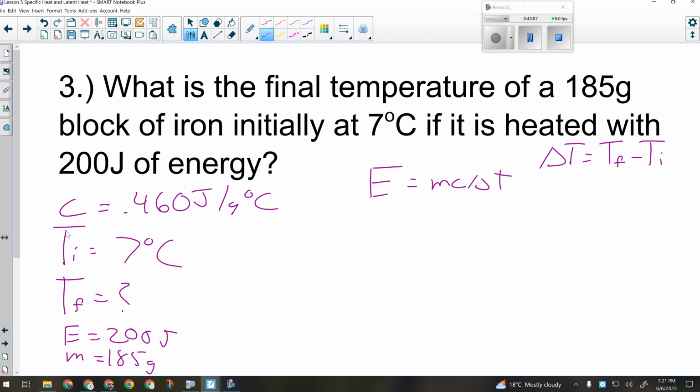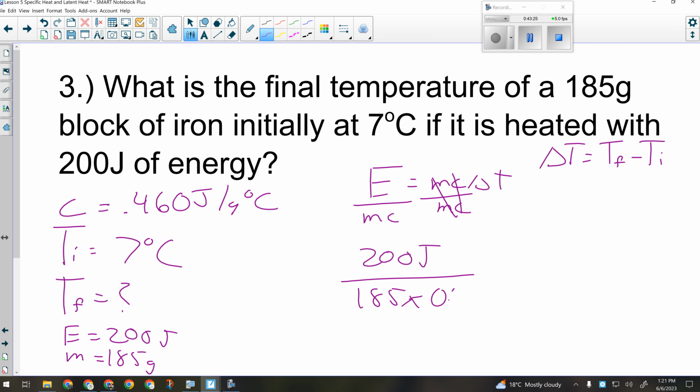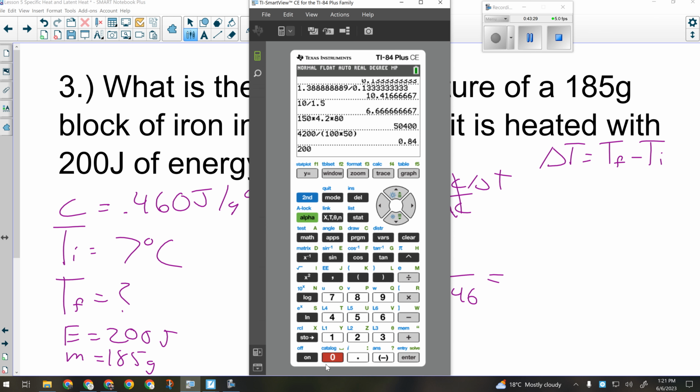So what we want to do is find the change in temperature. We're going to divide both sides by MC, and then plug in our numbers. 200 joules divided by 185 times 0.46. Whoop, not 182, 185.